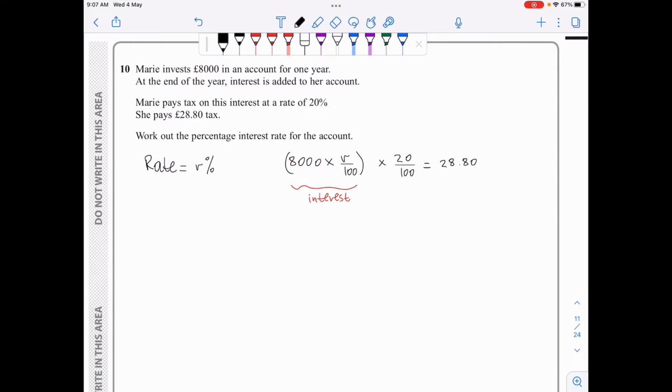I get that 16R is 28.80. I divide both sides by 16. R is 1.8. And therefore, the interest rate is 1.8%.